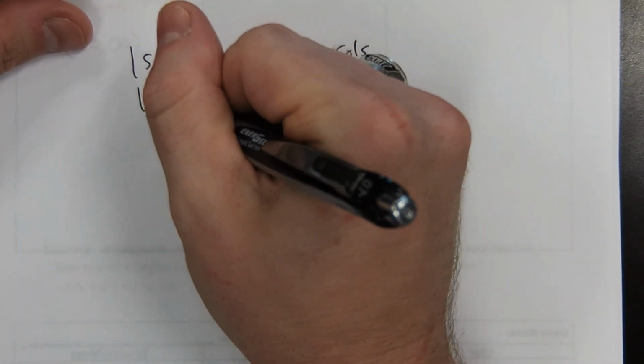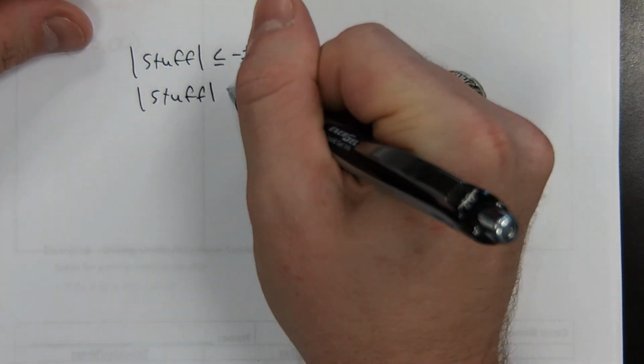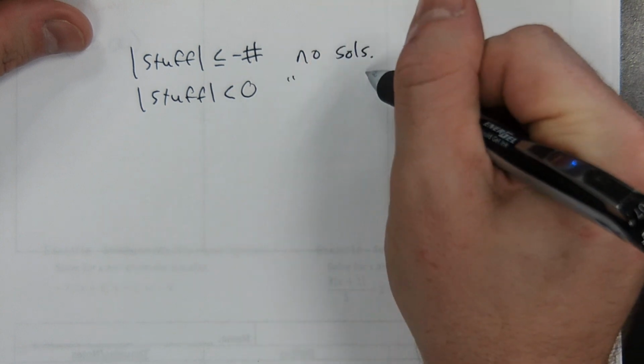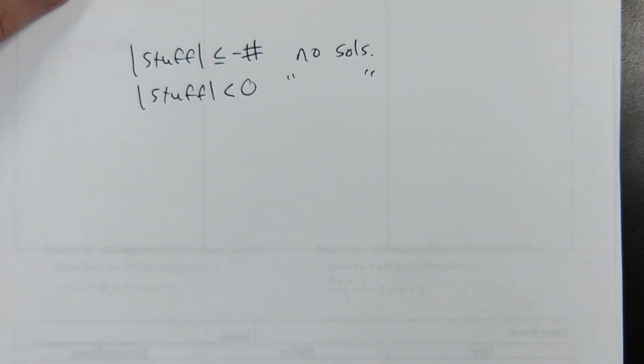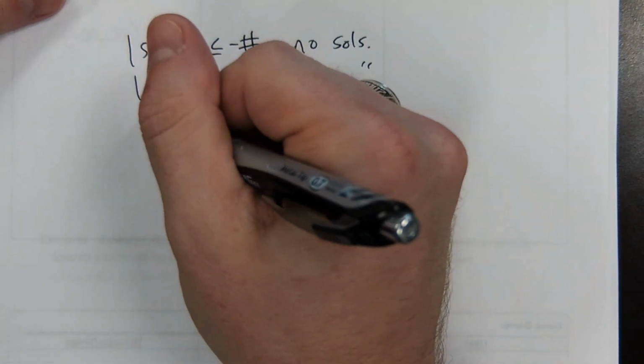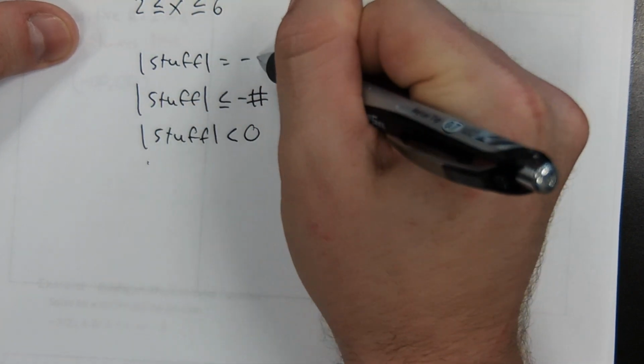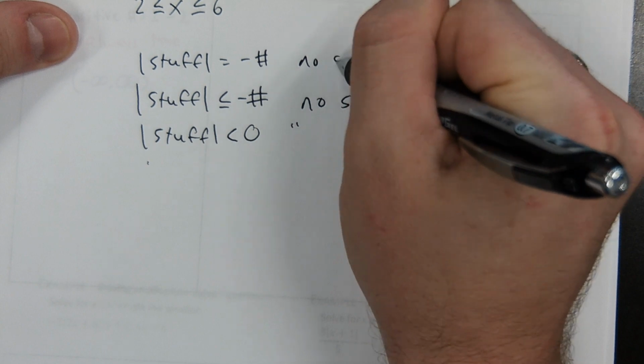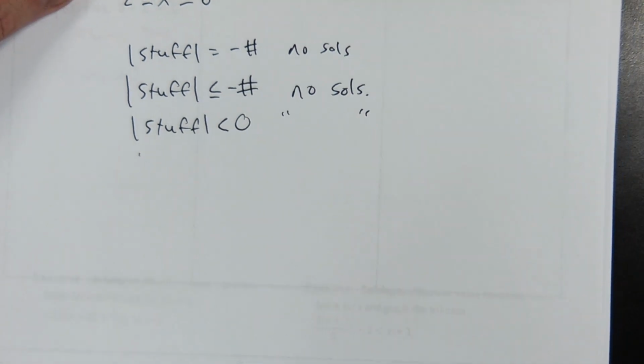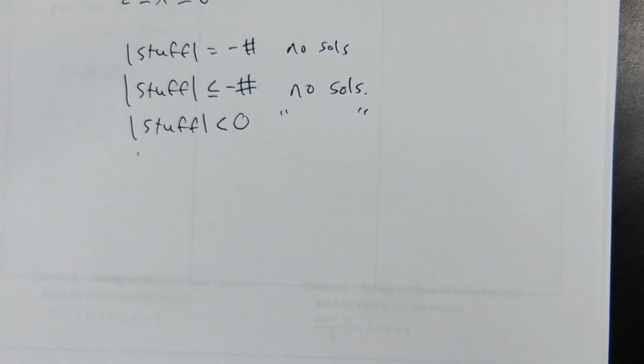I could say the same thing like this. Absolute value of stuff less than 0, again, no solutions. I could say absolute value of some stuff equal to negative numbers, no solutions. None of those things are possible. So what kind of things are going to be all real numbers is the question.